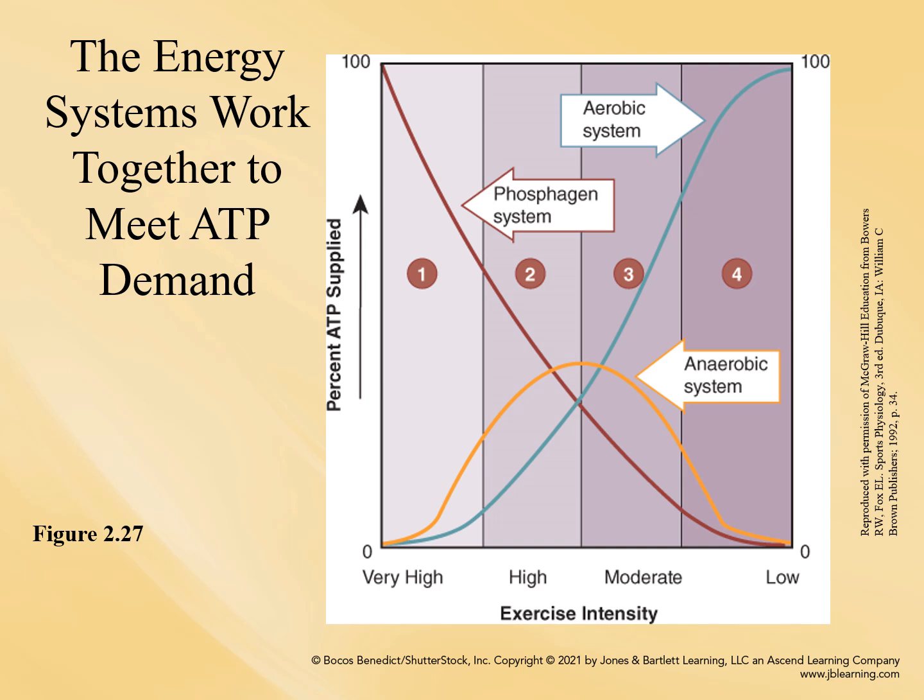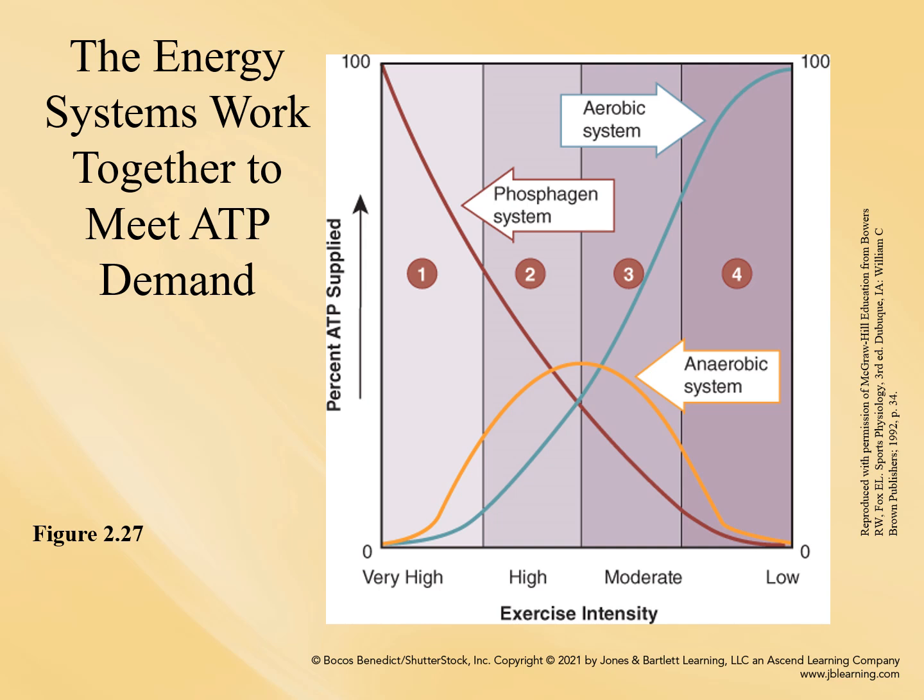This also is looking at the systems with intensity and percent ATP supplied by the different areas. So we have very high, moderate, and low intensity exercise. You look at the ATP contribution of the three systems. You'll see that the phosphagen system is the burgundy, and that's the primary energy source for ATP production.